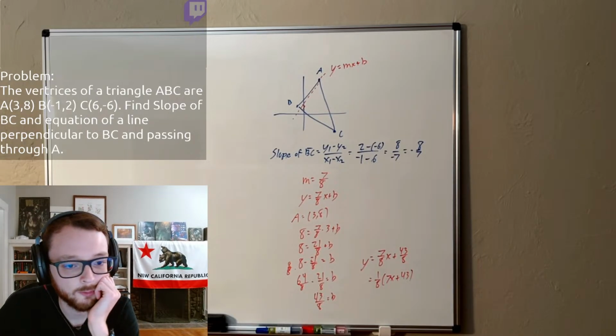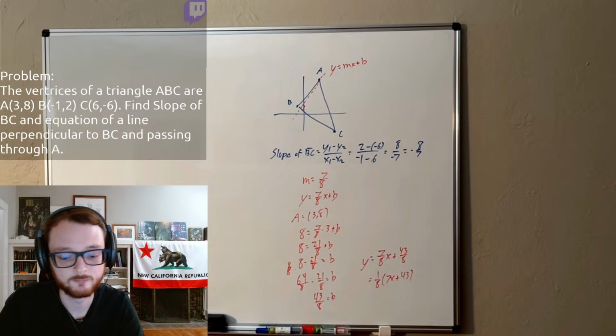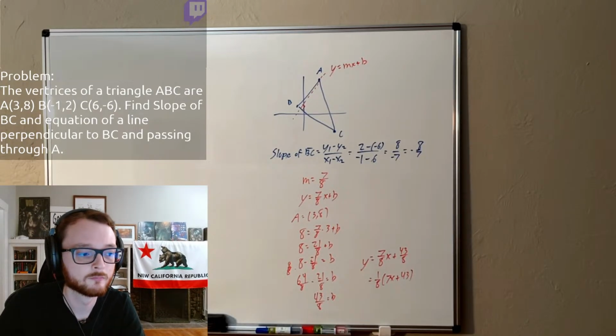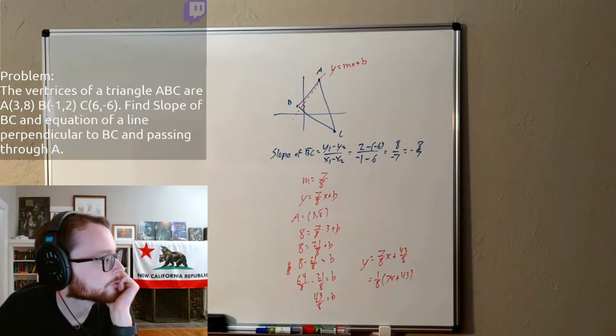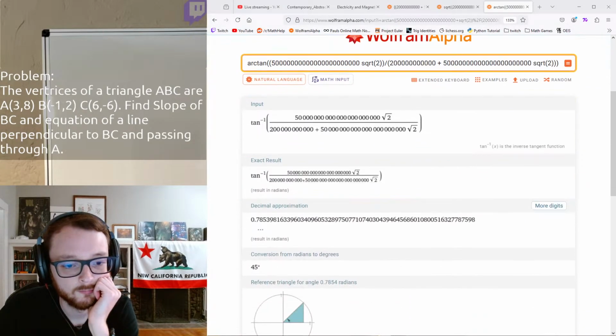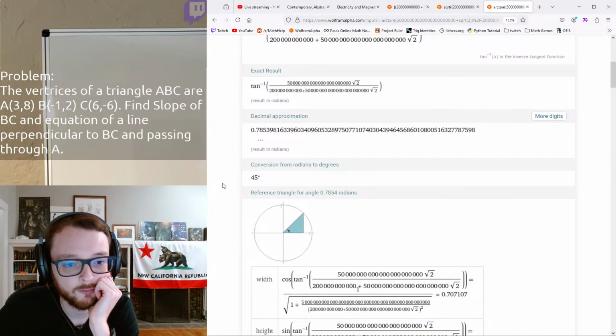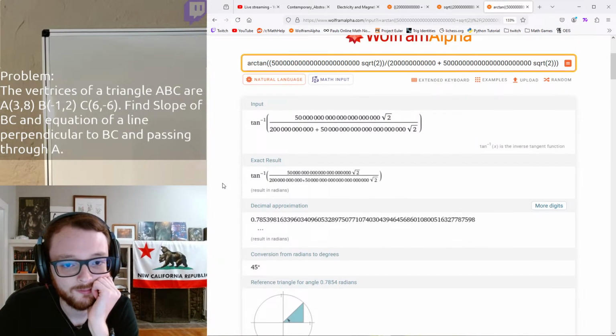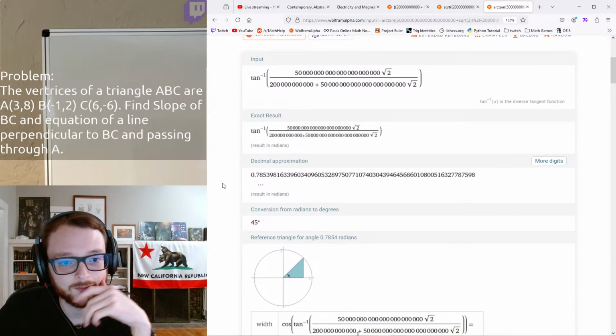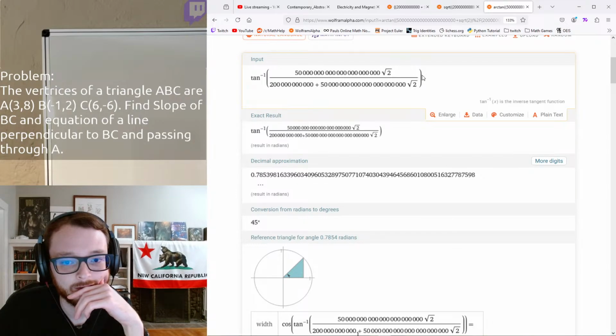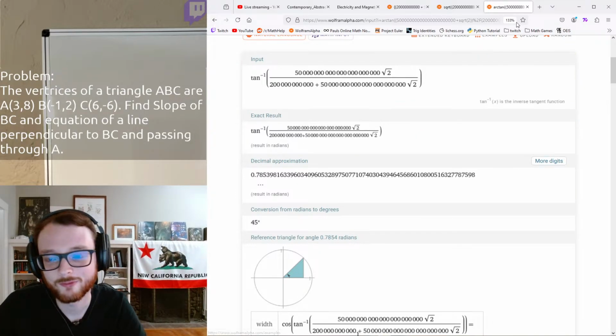Oh, shoot. I'm not showing my browser. 45 degrees. Oh, well, that's clean. So it's 10 to the 23 and 45 degrees?